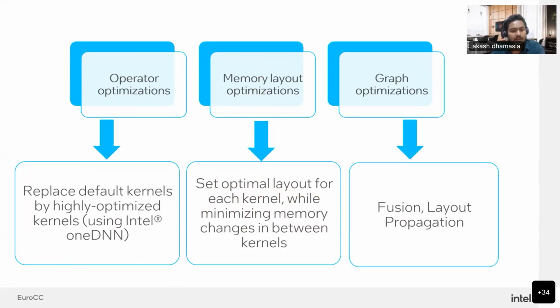And in graph optimizations, oneDNN does operator fusion or layout propagation, which is fusing multiple operators at once. So you don't have to execute all the steps separately. It is basically using the fusion of multiple operators, and all those operations can be executed very fast in a single step.